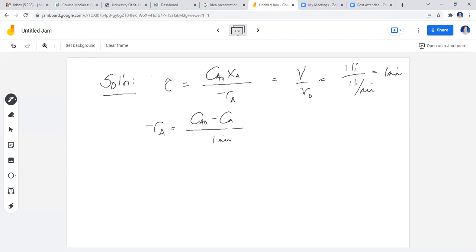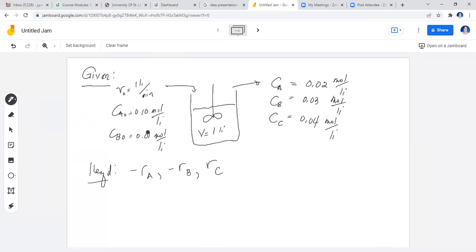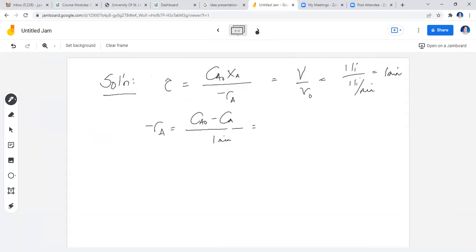So in this case, we will substitute the CA0 and the CA that is given in the problem. So CA0 is 0.10 and CA is 0.02. So I'll place here 0.10 minus 0.02. This is mole per liter, and this is 1 minute.